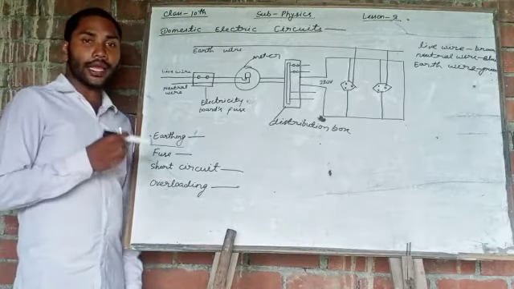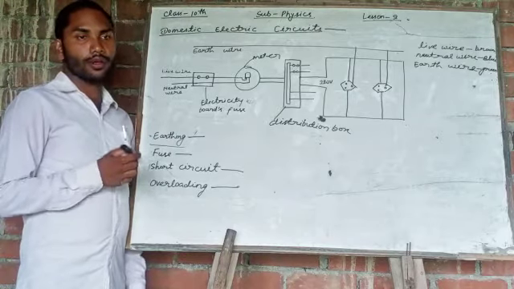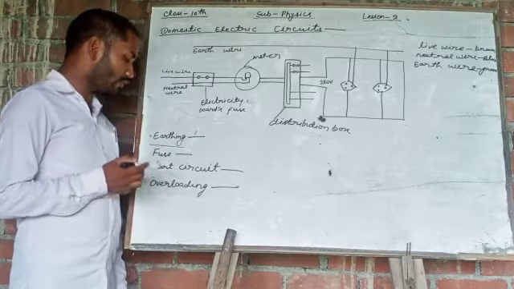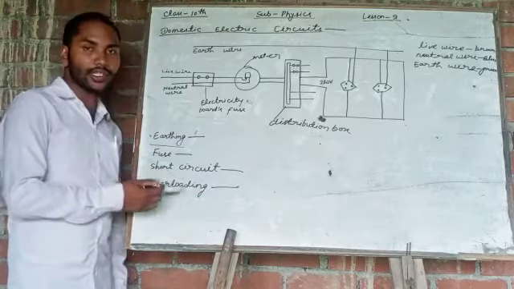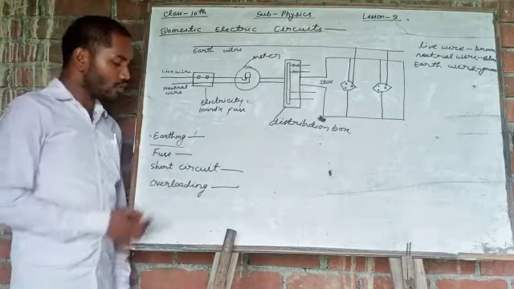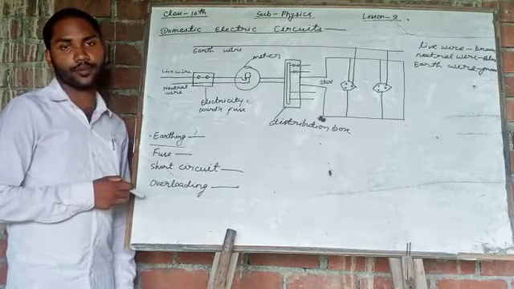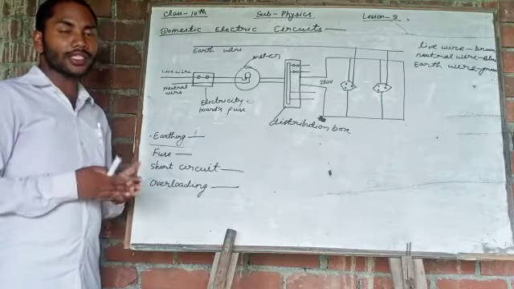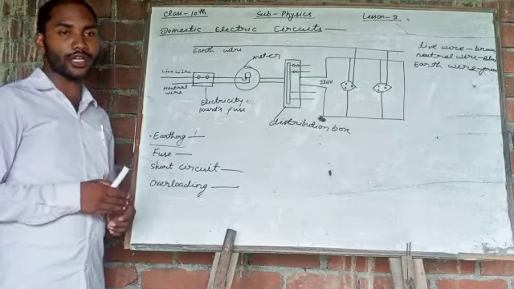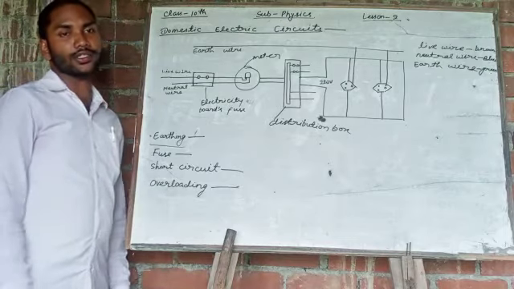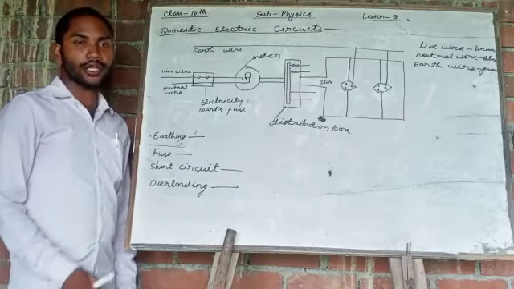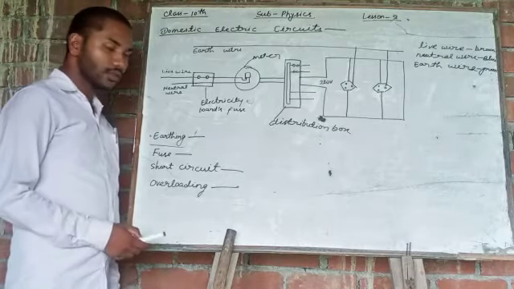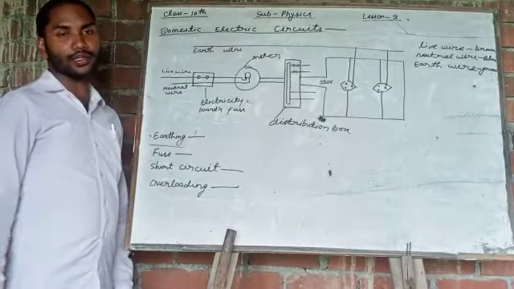In two conditions, the current in our circuit becomes very high. First, short circuiting, and second, overloading. What is a short circuit? Whenever there is zero or negligible resistance in the circuit, this condition is called a short circuit. In this condition, a very high current flows in the circuit.